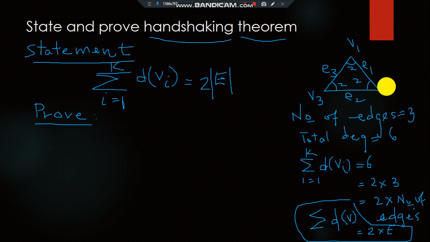So an edge gives 2 degrees. Similarly, this edge gives 1 degree to this vertex and 1 degree to this vertex, and E3 gives 1 degree to V1 and 1 degree to V3.